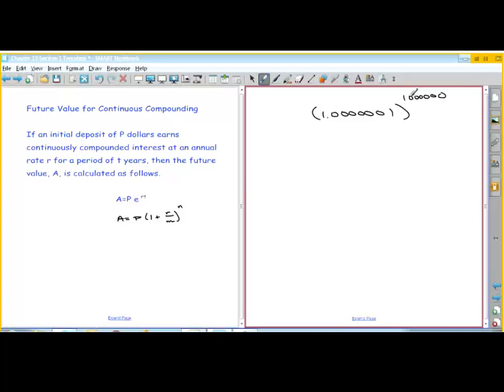Let's see if that's right or not. So did anybody do that? What do you get if you raise 1.00? I think I've got one extra zero in there. Remove one of these zeros.